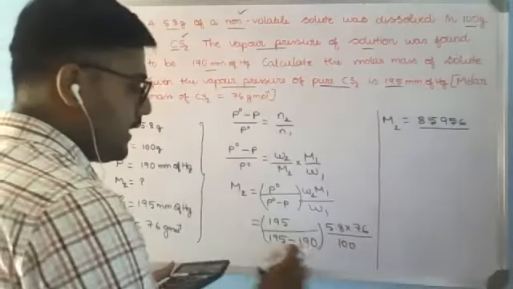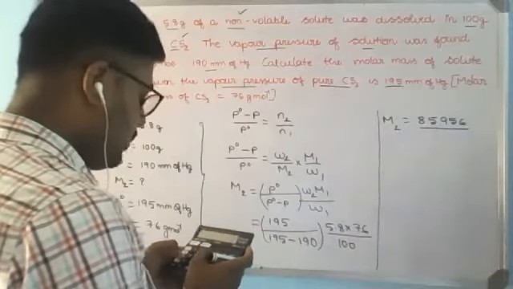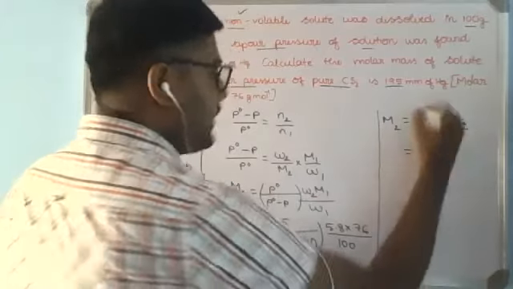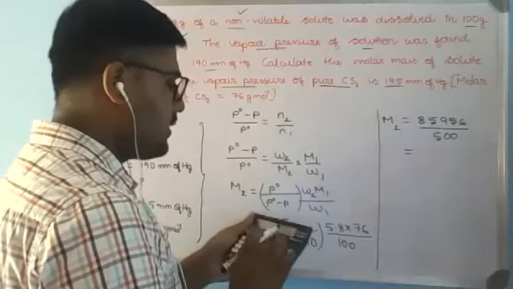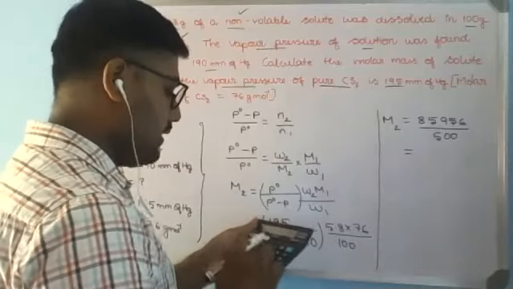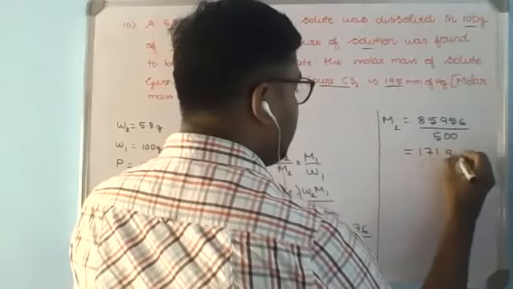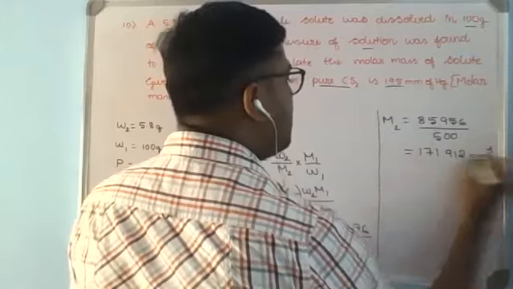So the difference of 195 minus 190 is 5. 5 into 100, that is 500. So we'll consider the division of the values. 85956 divided by 500. The answer is 171.912. As it is a molar mass, the unit is gram per mole.